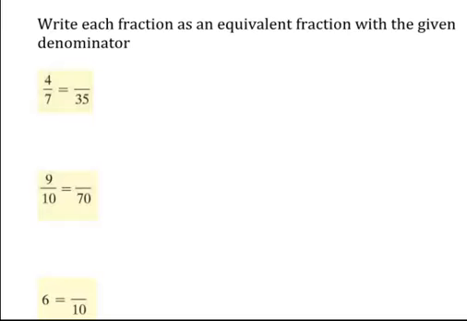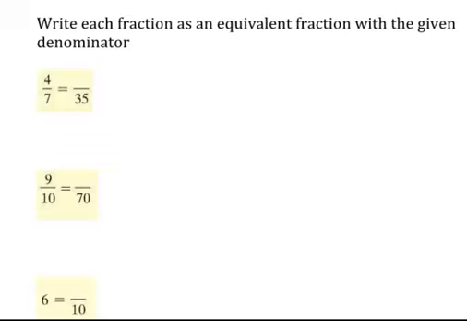Alright, continuing here with 3.2. The next problems say to write each fraction as an equivalent fraction with the given denominator. So essentially what I'm going to do here, guys, is a little stare and compare. I'm going to look at the number on the bottom right here, which is 7, and the number on the bottom right here, which is 35.